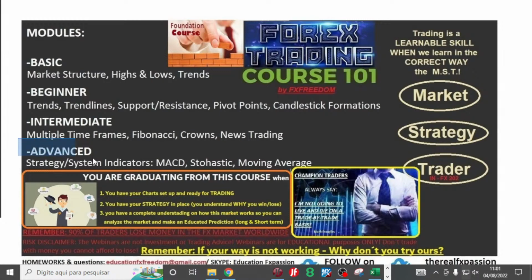We're going to talk about strategies in the advanced module, okay? You understand why you win and why you lose. And the big one is number 3. Number 3 is the big one. You have a complete understanding on how this market works, so you can analyze the market long term and short term and make an educated prediction.